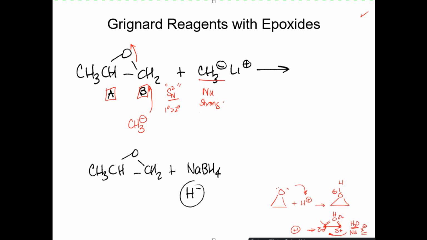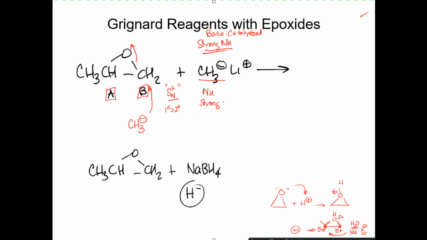So now what we're doing is opening up epoxides with strong nucleophiles. And we're going to talk more about this in the next lecture video, but in general, these reactions are sometimes called basic or base catalyzed, which is really kind of a misnomer.